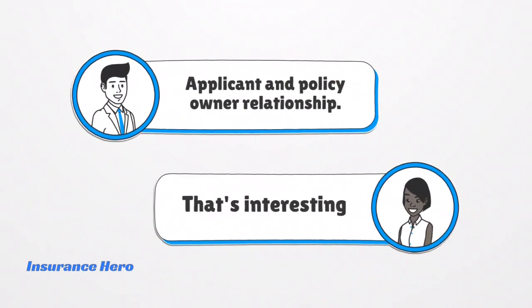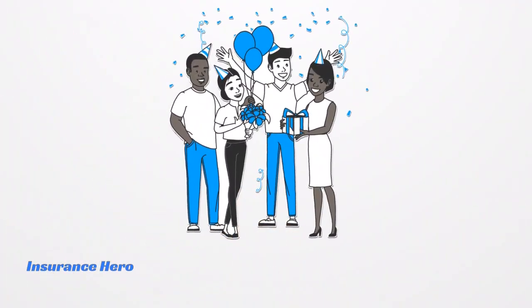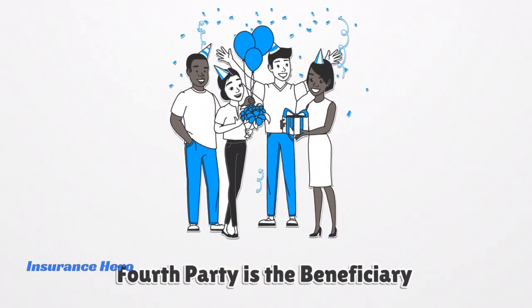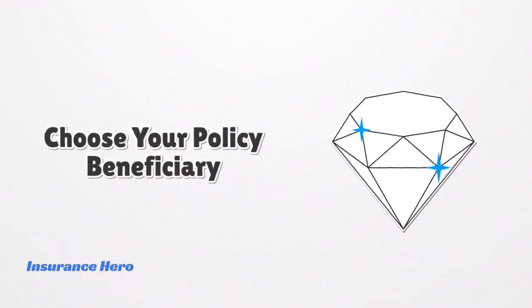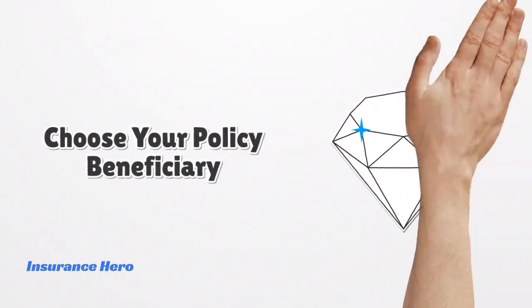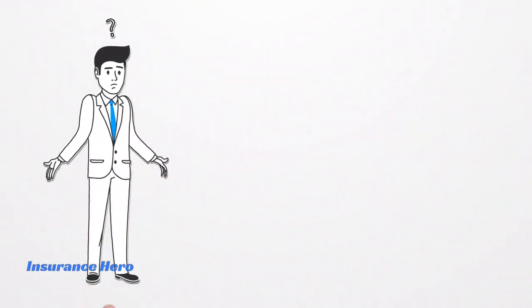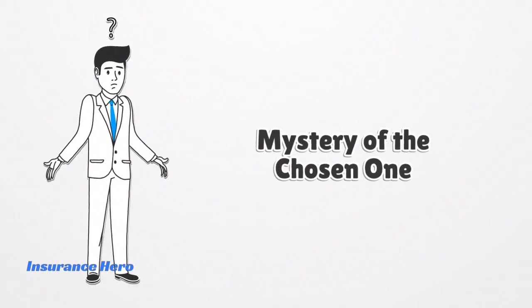The fourth party is the beneficiary. Pearl, as the policy owner, you get to choose the beneficiary. Who will it be? It must be Dawn.